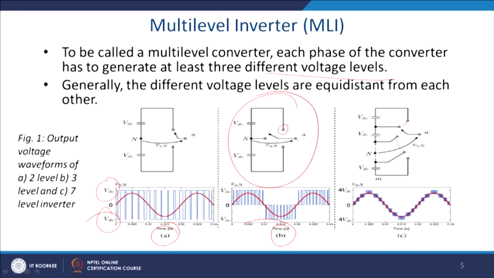Once you connect this switch at this point, within that it is required to block the voltage of VDC by 2, and within that it is required to block the voltage of VDC, and current can be bidirectional, that is the feature.